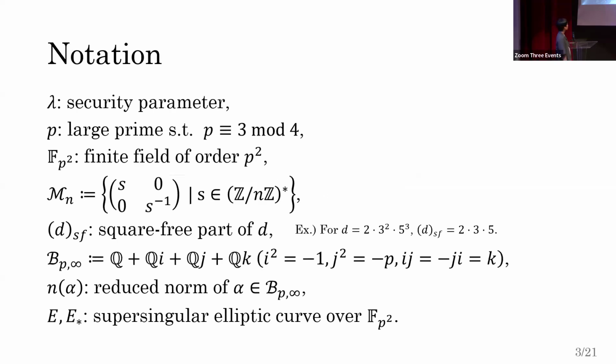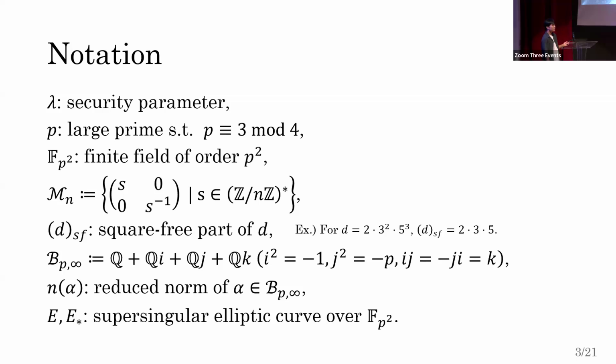Next, preliminaries. Here are some notations. First, lambda is the security parameter, and M sub n is a set of invertible diagonal matrices of this form. B sub SF is the square-free part of an integer C. For example, 50 equals 3 times 3 squared times 5 cubed, then B sub SF equals 3 times 3 times 5.